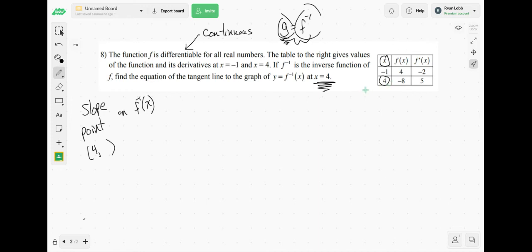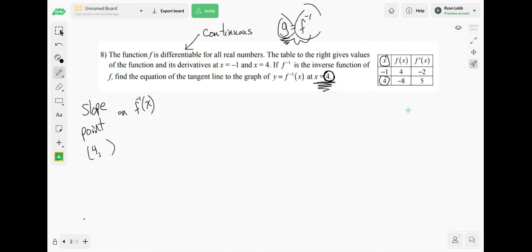Okay. So we got to think, well, how are we going to get the y coordinate? I don't know the functions. I just have some selected values. Well, this 4 is the input for function f inverse, which means it's the output for function f.